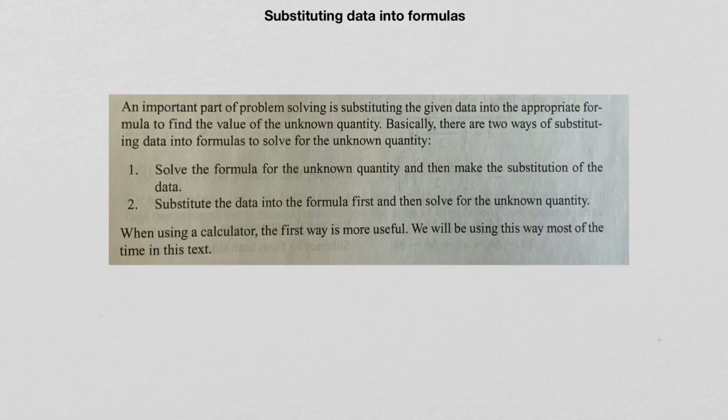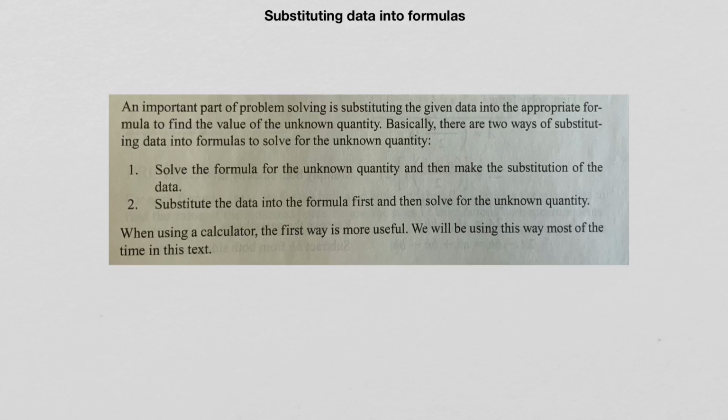Now, the first method of substituting data in a formula is more convenient when using a calculator, because entering all the numbers into the formula and then solving for the unknown is practically impossible with a calculator. But if you're doing it by hand, working with all these numbers there and the units that are added on top of that can make it confusing as to what exactly you are doing.